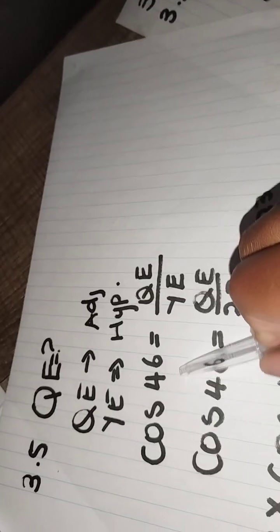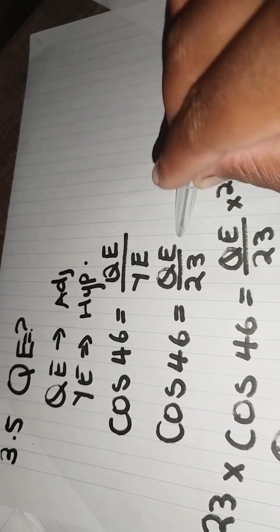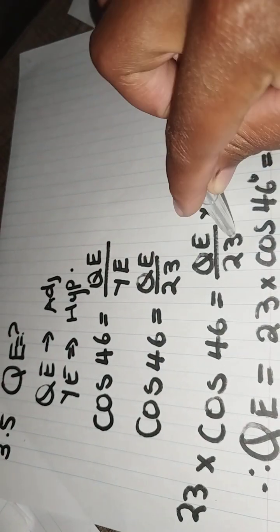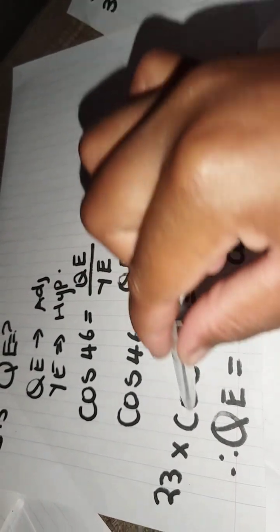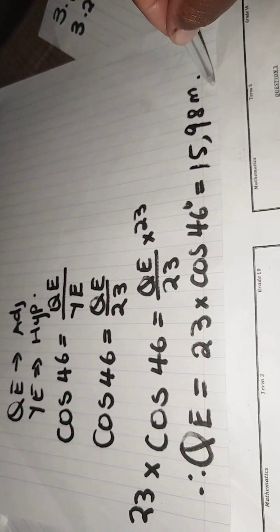So the cos of 46 is equal to QE over 23. I multiply both sides by 23 to cancel this 23. Then on this side, I have QE equal to 23 multiplied by cos 46, which is this one. Then I get that.